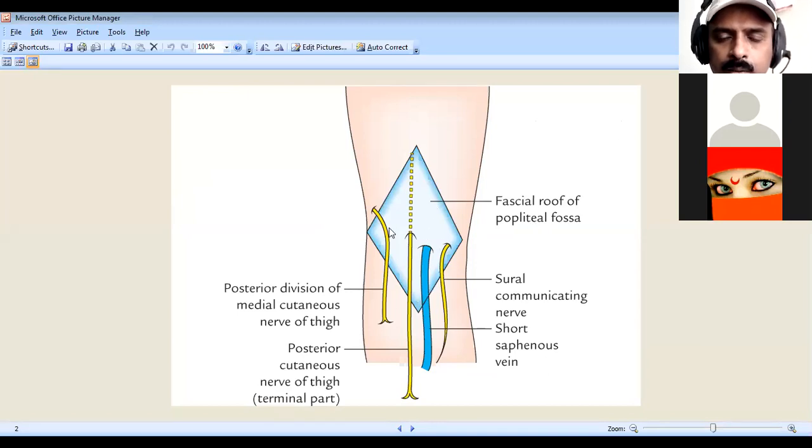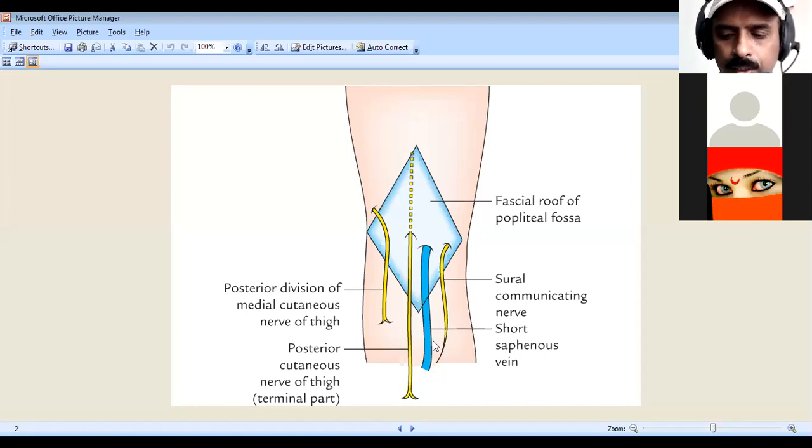The important roof structures are first the short saphenous vein, then the posterior cutaneous nerve of thigh, which is the posterior division of the medial cutaneous nerve of thigh, the posterior medial sural nerve, and the short saphenous vein.